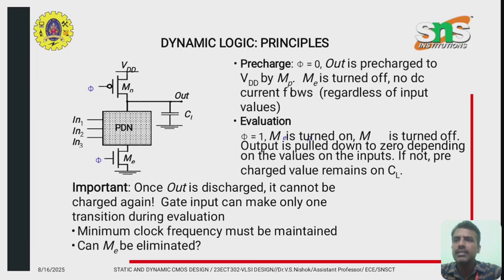So this is the general structure of dynamic CMOS logic, where we have a PMOS transistor and an NMOS transistor connected with the clock signal, and in between we have the pull down network. On the output path we have the capacitor, which charges when the signal through the output path is there, and discharges when the pull down network is on.